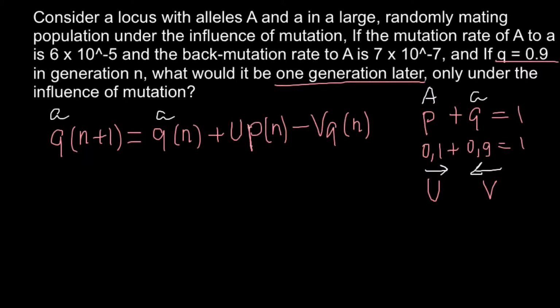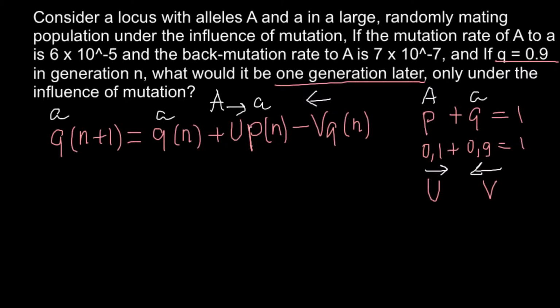The solution is going to be relatively easy. Once again, u stands for the forward mutation, and v stands for the backward mutation. According to our problem, forward mutation is the mutation of the dominant allele A into the recessive allele a, and this is going to be its rate.